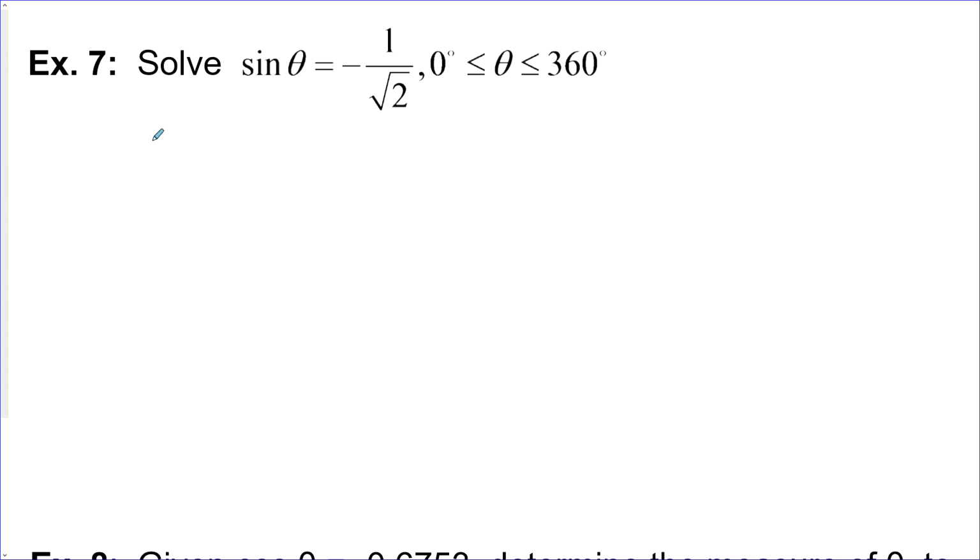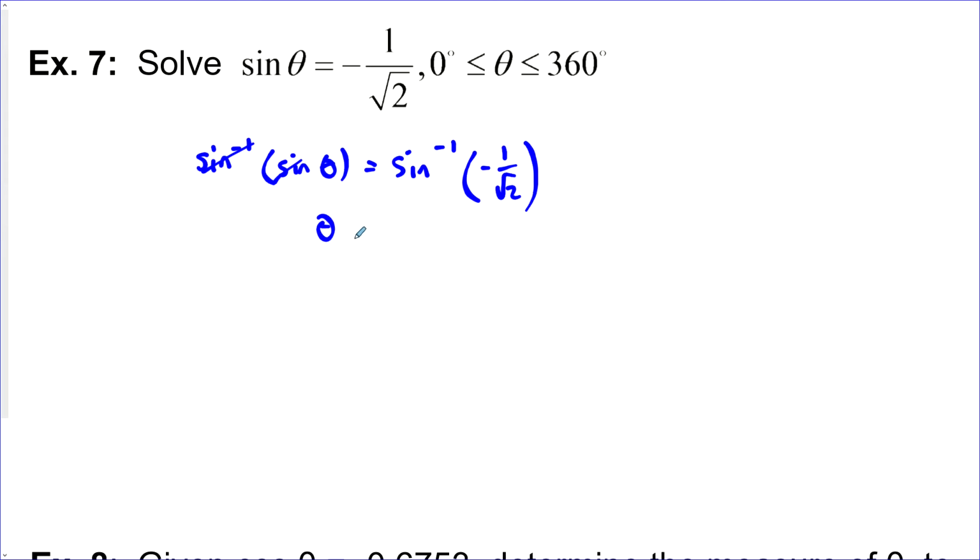Example 7 is similar. We've got sine theta now equals -1/√2. So if we used our calculator, we could take the sine inverse of both sides here, and we could find theta, or at least one value for theta. Sine inverse and sine cancel, and theta is equal to -45 degrees.